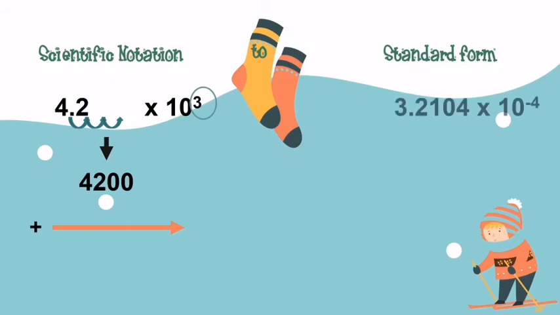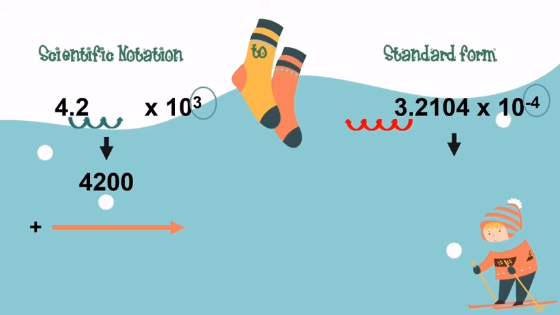So again, another example, we have here 3.2104 times 10 to the power of negative 4. Take note of your exponent. It is negative and it is number 4. So meaning you will move your decimal point 4 times to the left. So we say 1, 2, 3, 4.